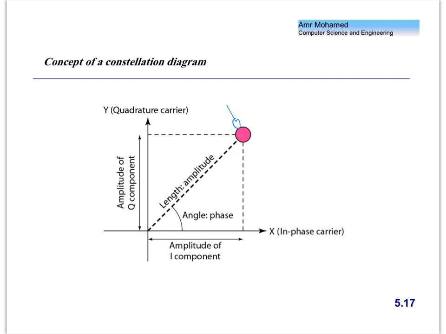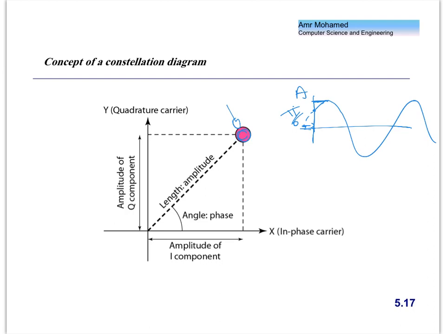So if we talk about an example, we have a sine wave which starts with a phase shift of, let's say, pi over 6. And then the sine wave continues like this. Okay? This sine wave has a peak amplitude of A. This sine wave in the IQ diagram will be represented by one dot.